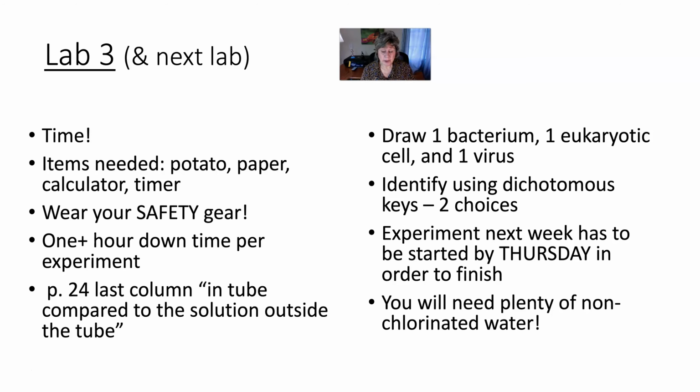Because if you put chlorinated water on top of your peas that are supposed to germinate, they won't. So be sure you have some of this kind of water. And if you have tap water, you can use it if you collect some in a big tub or big bowl and leave it out for at least a day, and then the chlorine will evaporate from it. But do not use chlorinated tap water for this experiment.